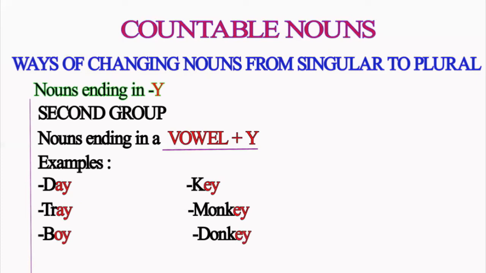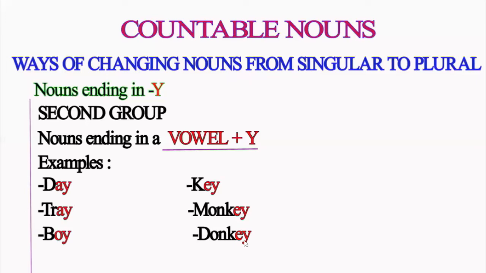Now, the second group of nouns are nouns ending in y, but before y there is a vowel. You can see from our examples here, y, a; y, a; y, o; y, e; y, e; y, e.